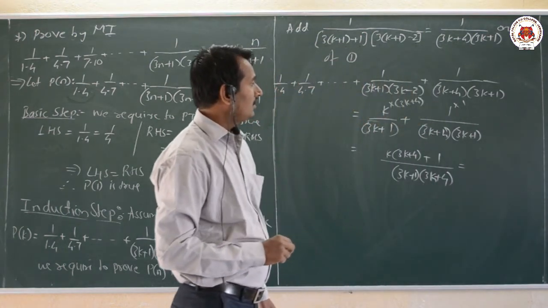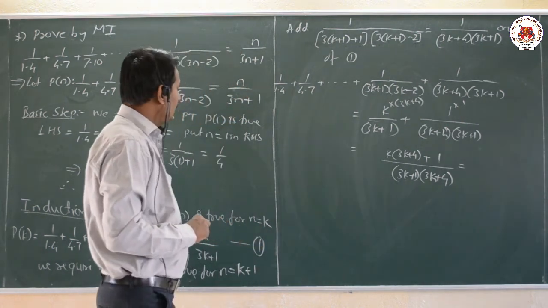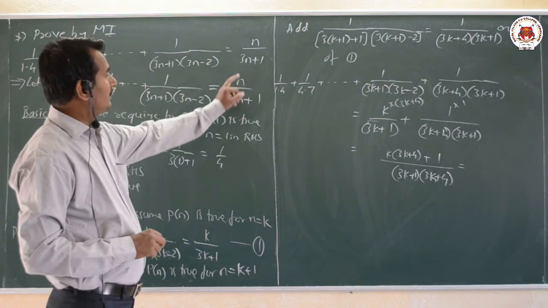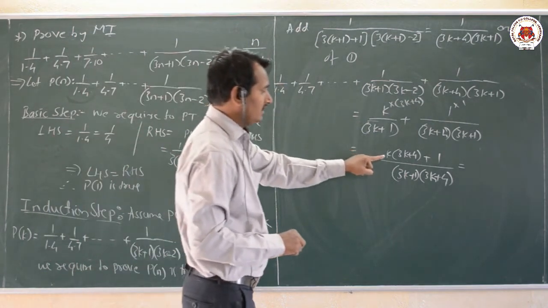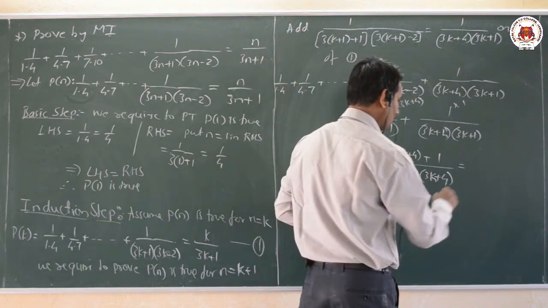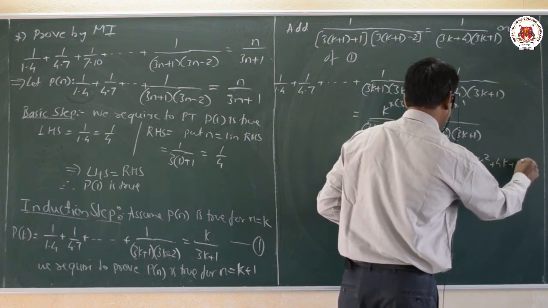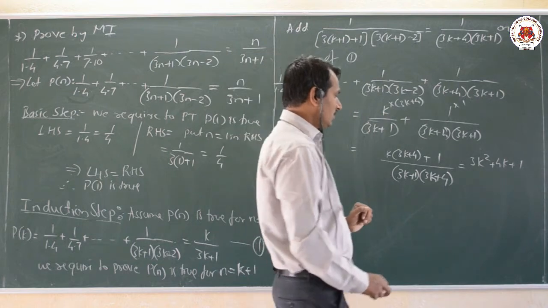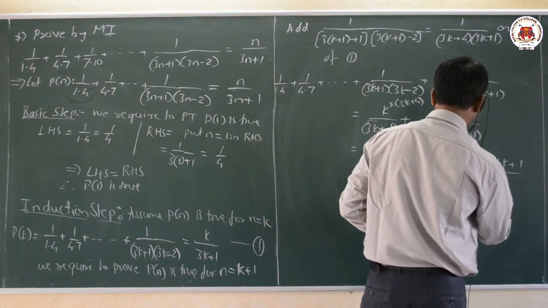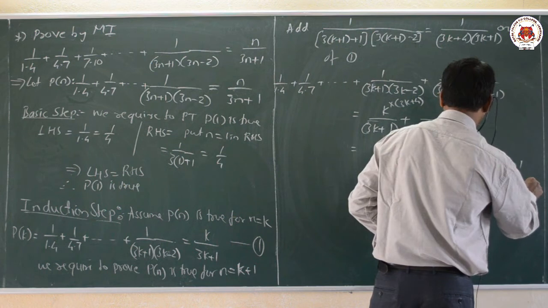Now we require to show that the expression is n divided by 3n plus 1 with n equal to k plus 1. If I multiply by k here, we get 3k square plus 4k plus 1, whole divided by (3k plus 1) into (3k plus 4).